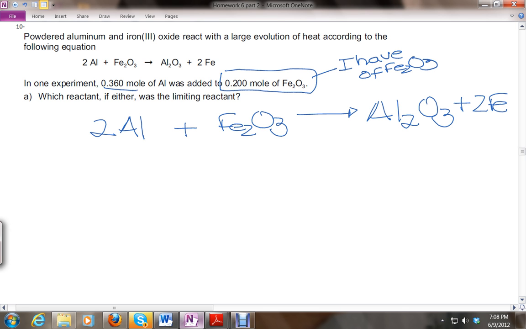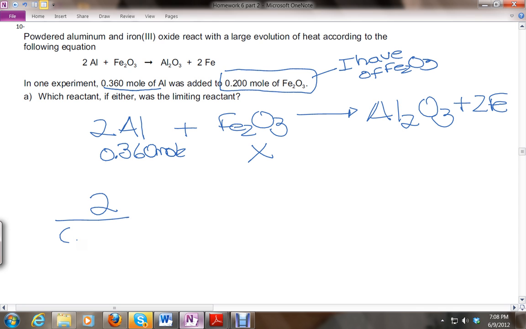So this would be our starting point. So let's do it. If you got 0.360 moles of aluminum, do it this way. How many iron oxide are you going to need?